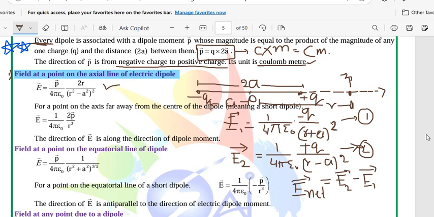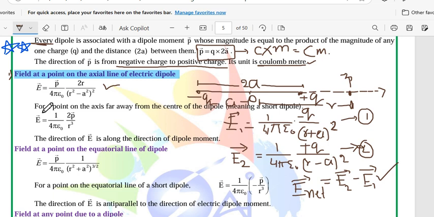So we can make it in an easy way. Just put the substitutions in this equation and you will get the electric field at a point on the axial line of the electric dipole.